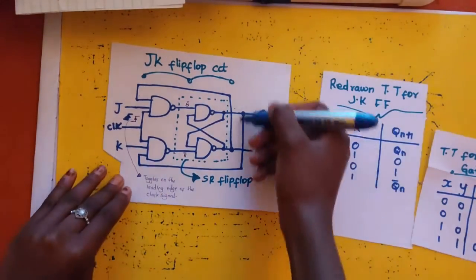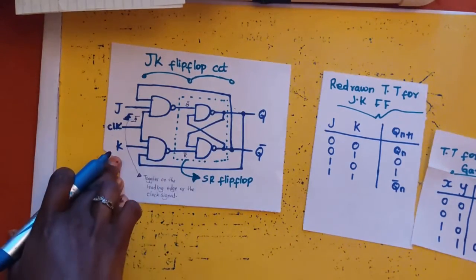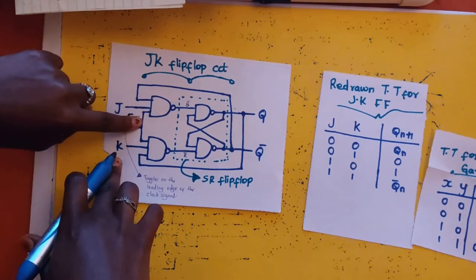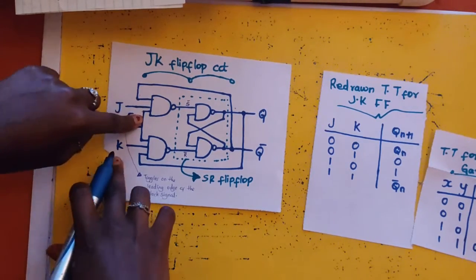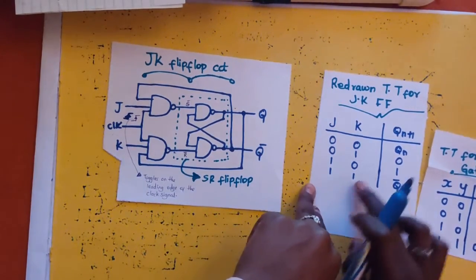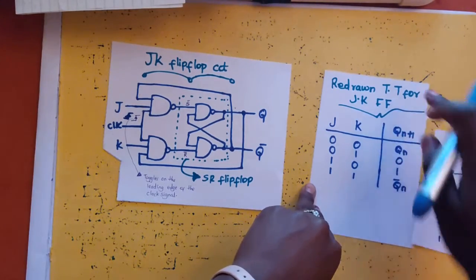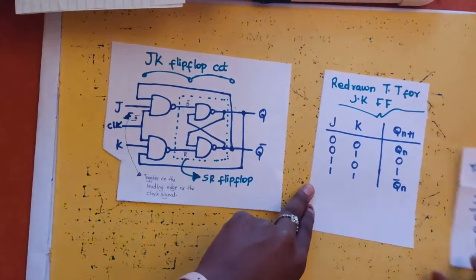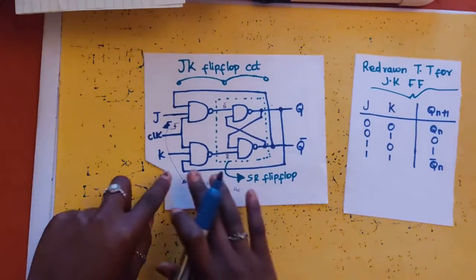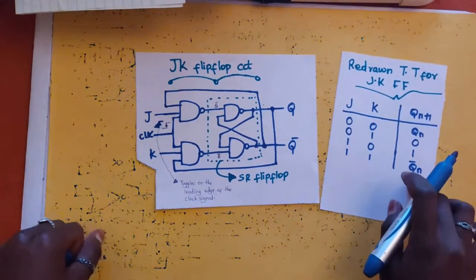But since the outputs are now going back to the J and K, it's like we have 3 inputs. Since we have these 3 inputs, that's what makes the difference between the 1 1 state at the SR latch or SR flip-flop and the JK flip-flop. In the JK flip-flop, we have an easier time because this is no longer an invalid state. It's a state that toggles.